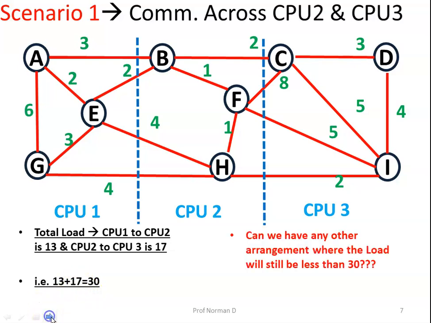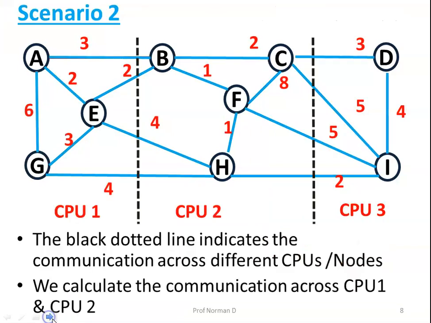Now the question is, is there any other arrangement which can help us to reduce this load? We will try and see. Okay. In scenario 2, what we are doing is we are moving this line somewhere else. So earlier the location of the line was over here, which was indicating the communication between CPU 2 and CPU 3.